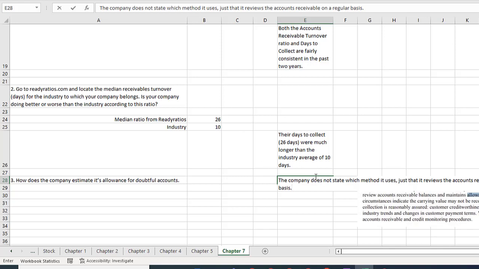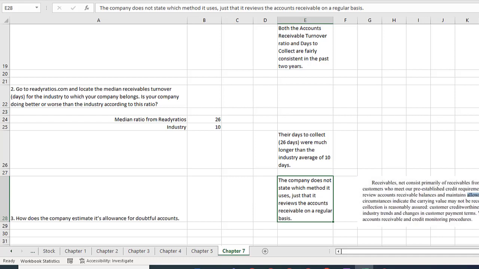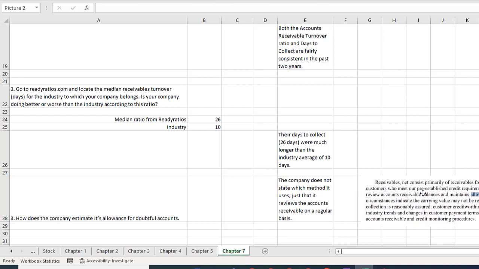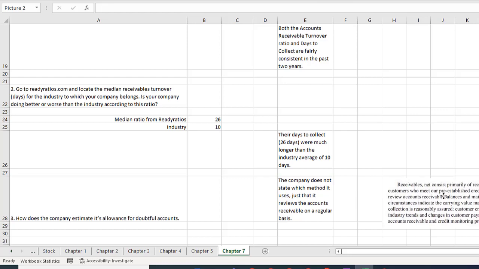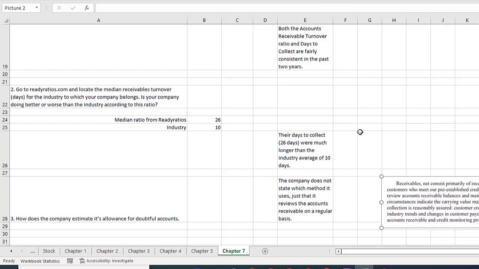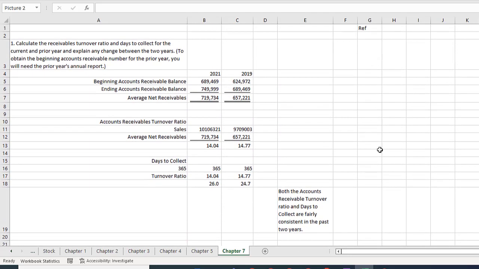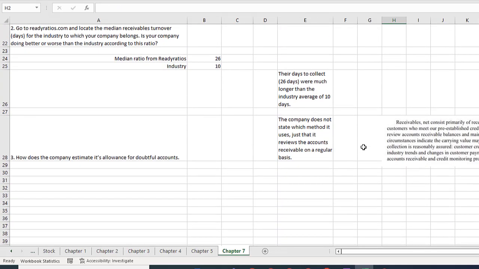Okay, so I'm going to word wrap that. And this is my evidence. So I'm going to move that over just slightly. And then I'm going to put my reference here and my evidence right here.